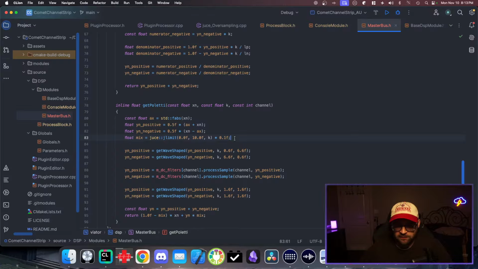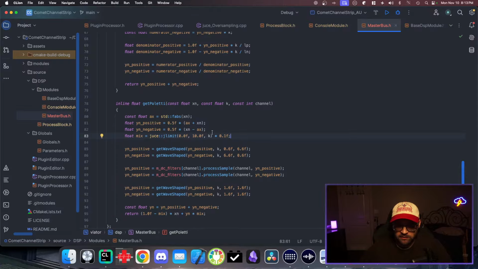So it's not the most perfect solution, but it does at least clip it to a desired range. That's the very least we could do. Okay. We could leave it like that. Maybe next time we could do some crosstalk in the master bus.